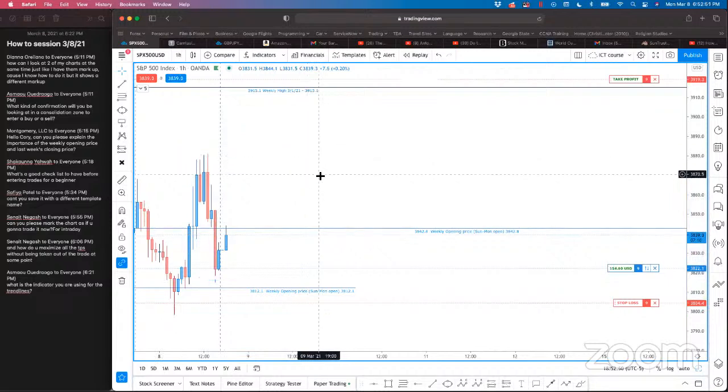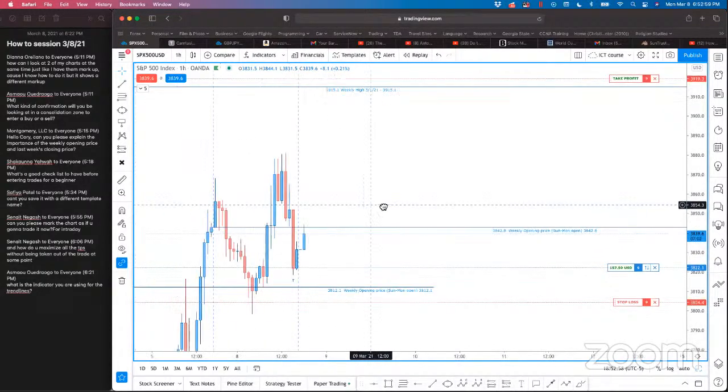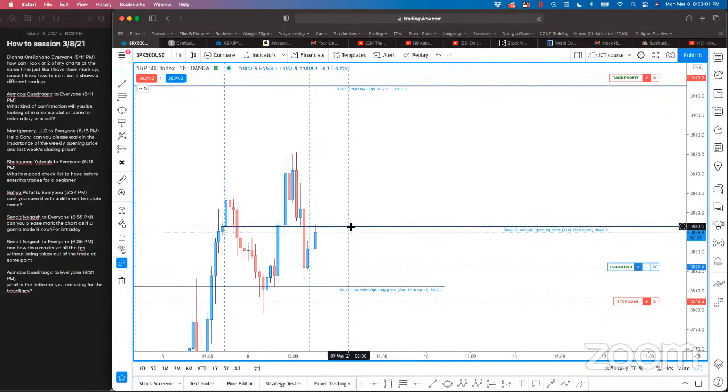So now we already know we're hanging around near this weekly opening price. I'm gonna be looking for price to break above this at some point. That's what I'm gonna want to see. So far, this area right here is my weekly high.